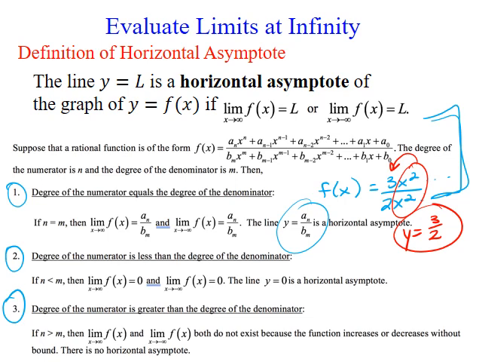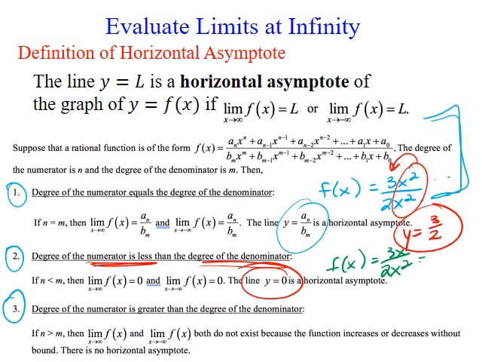Now, if the degree of the numerator is less than the degree of the denominator, then we will have a horizontal asymptote at y equals 0. For example, if f of x is equal to 3x divided by 2x squared. Here, the denominator is bigger, and if you want to reduce this, you can.